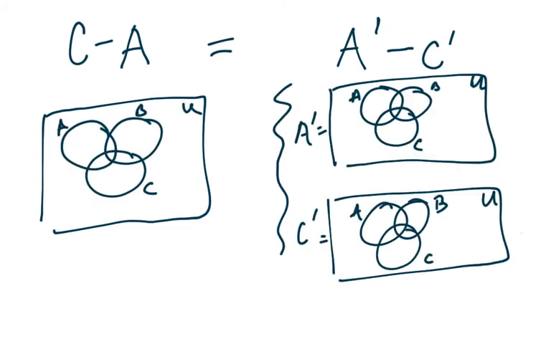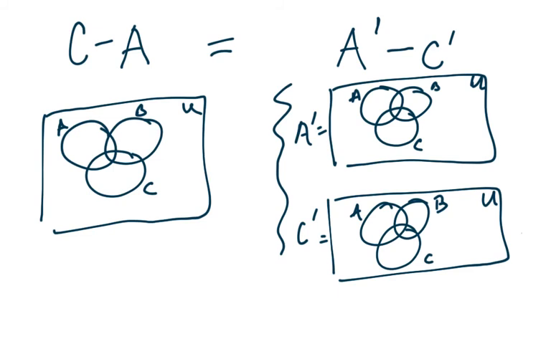So let's start off by looking at C minus A. Now notice I'm only dealing with 2 sets, but I included 3 sets because that's the section that we're looking at, and we can still show the same conclusions using 3 sets even when we're only addressing 2 sets.